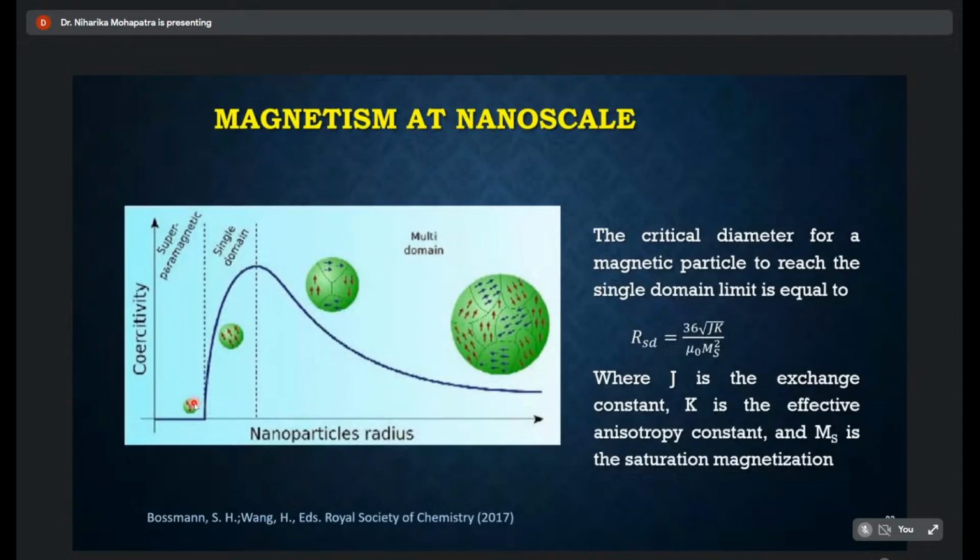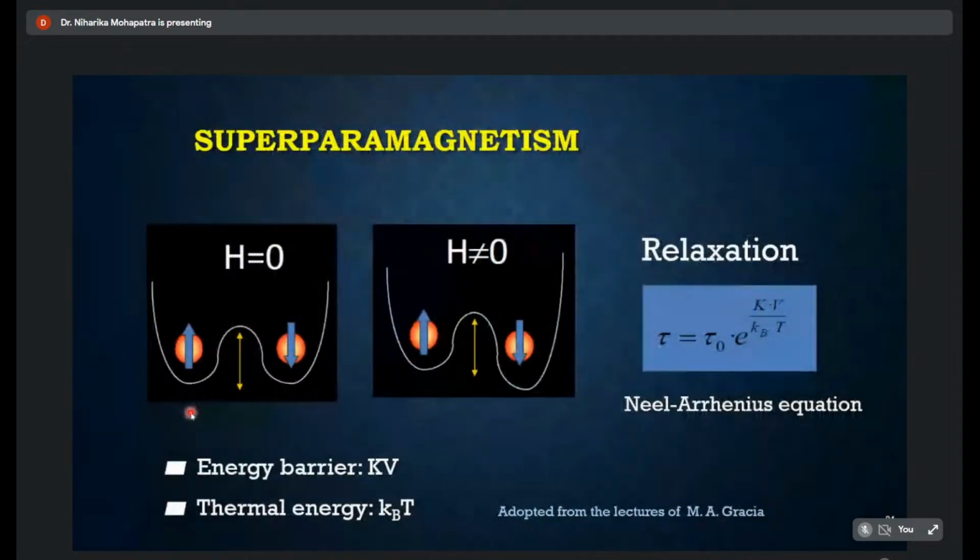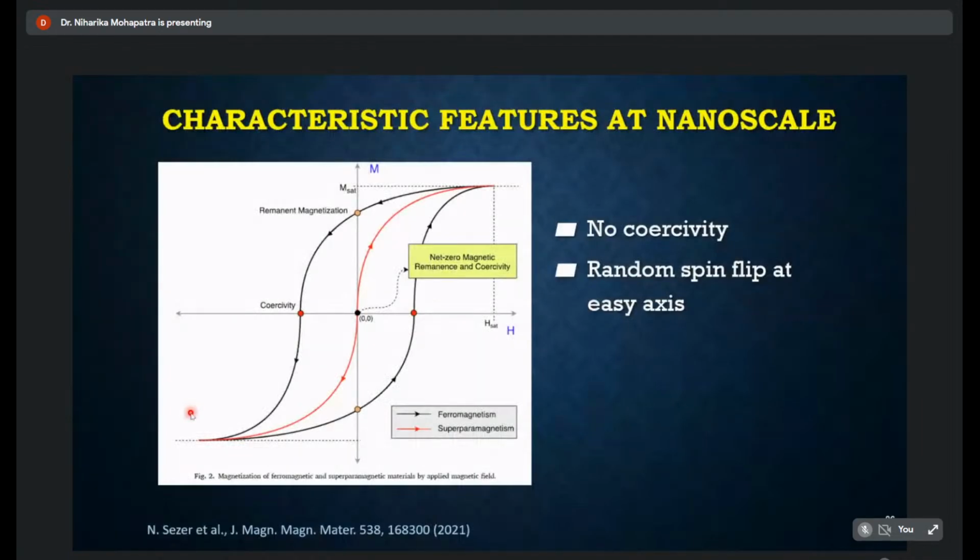Now, what will happen if we reach this particular size? I'll first tell you this. At this size, the magnetic characteristic of the particle is like this. There won't be any hysteresis.